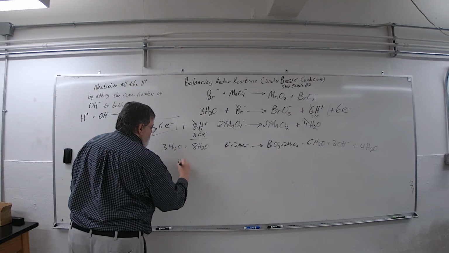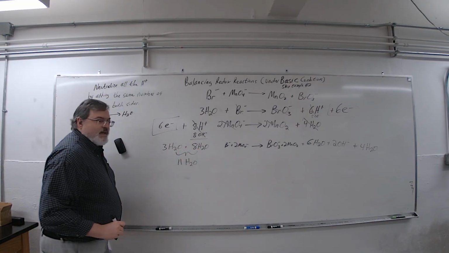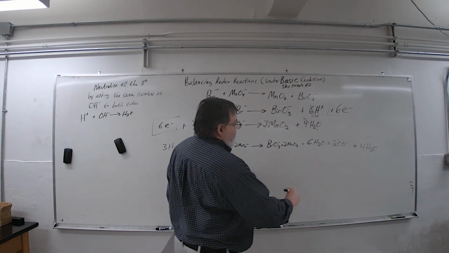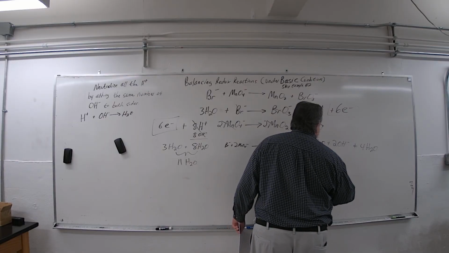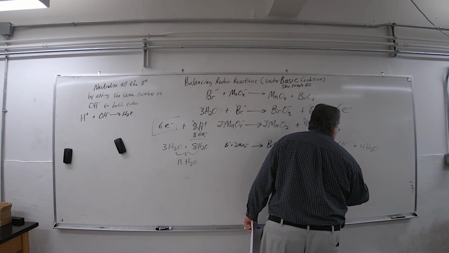So I have 11 H2O here. You see that? 11 H2O. And over here, I've got 6 plus 4, I've got 10 H2O because of that. And I've still got 2 OH.